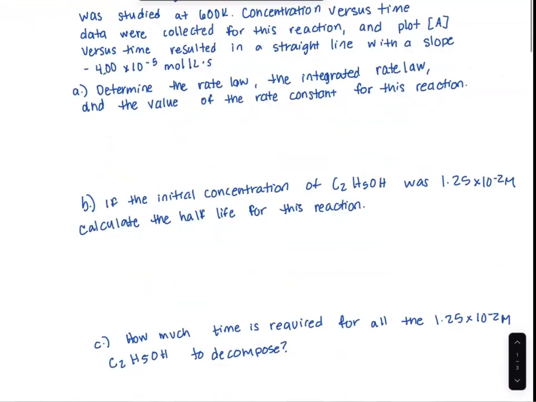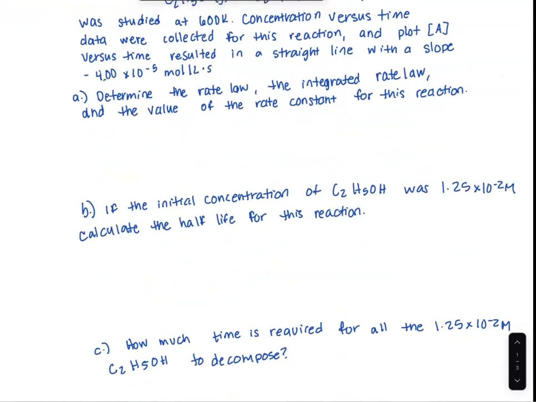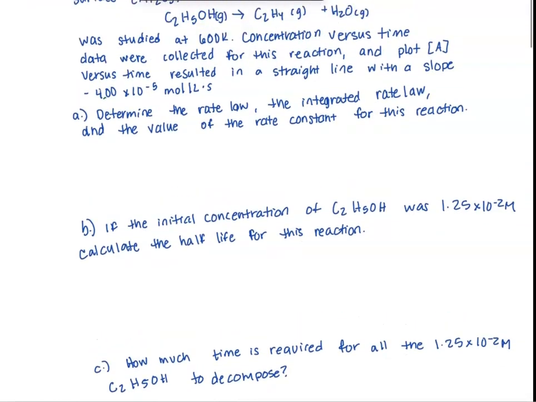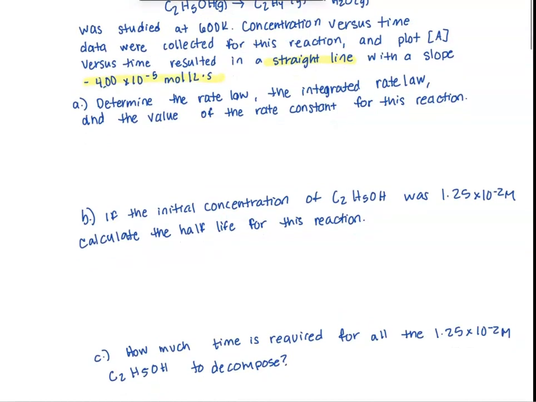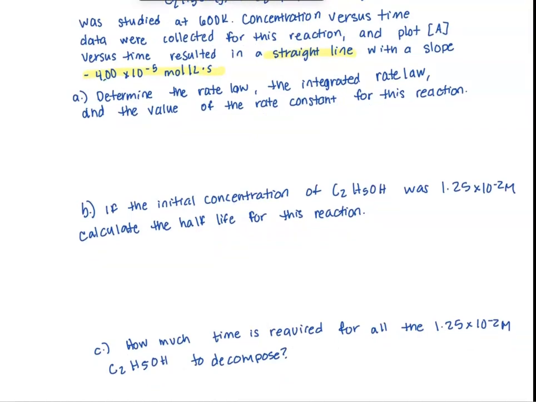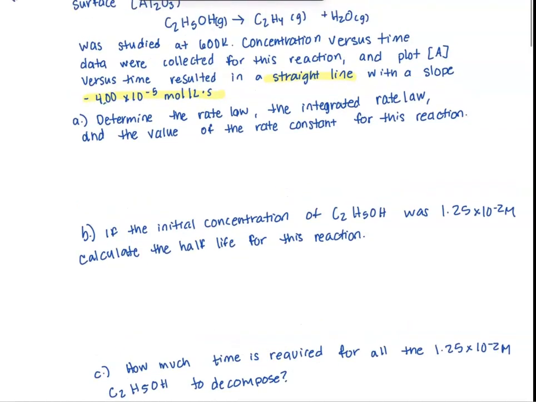So again, looking back at this question, how are we going to figure this out? Well, they tell us that when they produced a graph, we had a linear relationship: a straight line with a slope of negative 4.0. So now we have to determine the rate law. We do know that it produced a straight line.